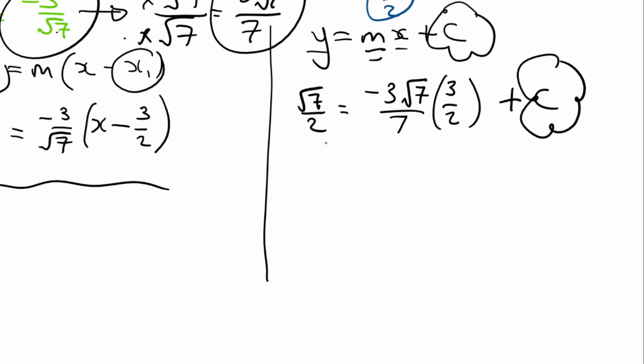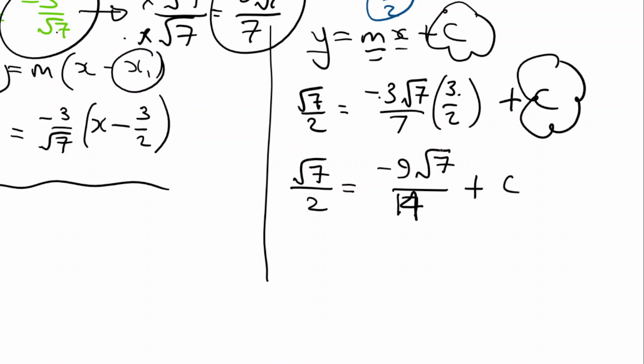So what we now have, let's just simplify this. So we've got root 7 over 2. 3 3s are 9, so it's negative 9 root 7 over 7. Sorry, 2 times 7, which is 14. Beg your pardon, that's 14 plus c. Now I add 9 root 7 over 14 to both sides.